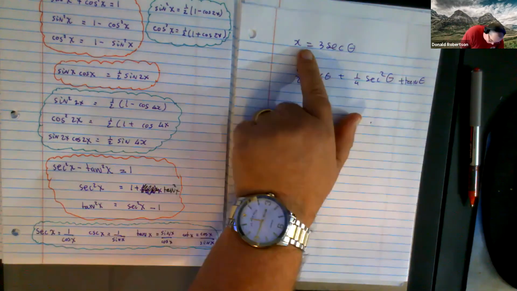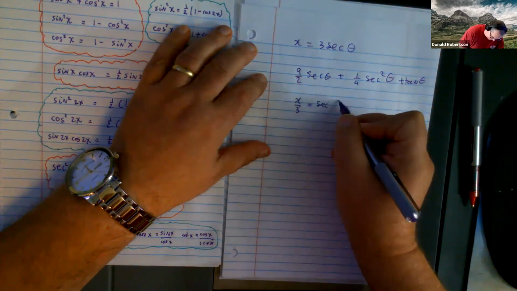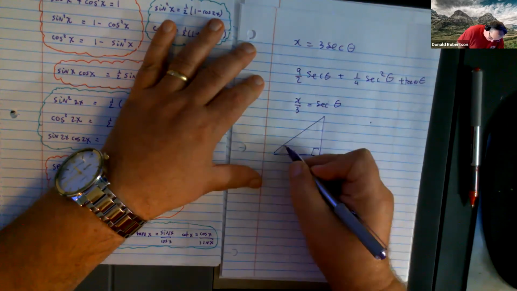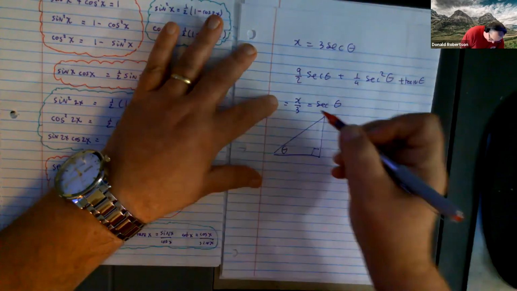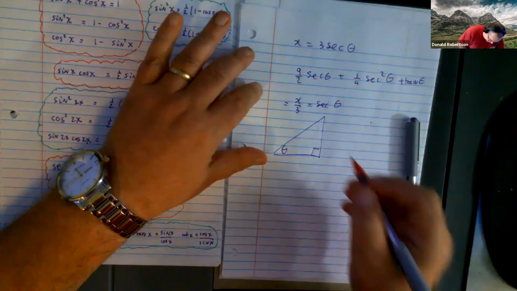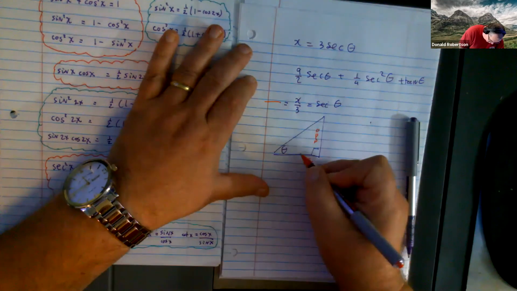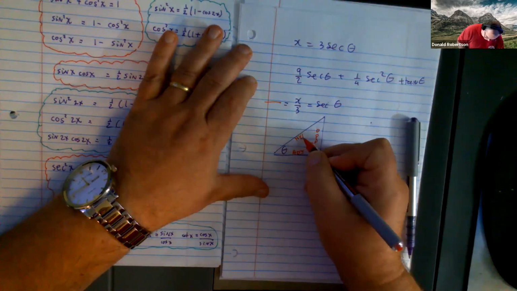Right. x over 3 is secant theta. You build your triangle. Here goes your theta. For a secant, okay, I know SOHCAHTOA is only used for sines, cosines, and tangents.